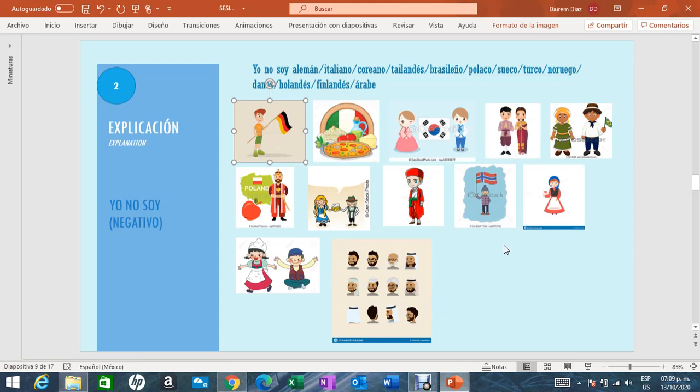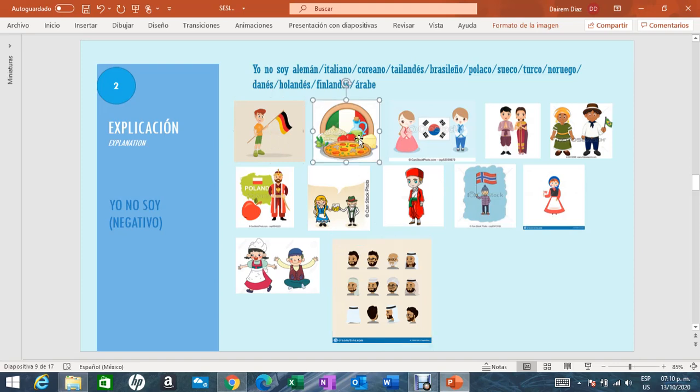So we have a different way of practicing everything. And remember, repeat after me. I'm gonna use affirmative, negative, and interrogative. Okay. Yo soy alemán. Negative, yo no soy alemán. Interrogative, ¿soy yo alemán? This is what we're going to check for all of them.